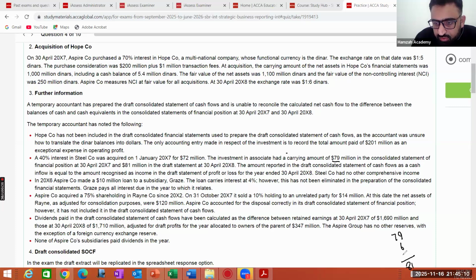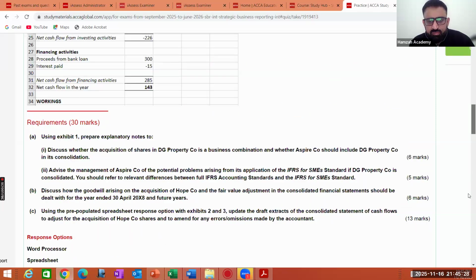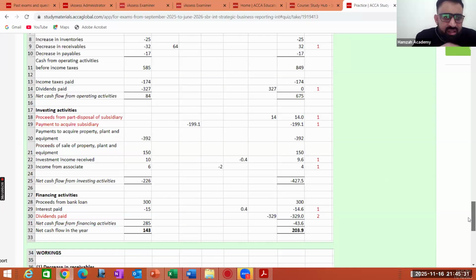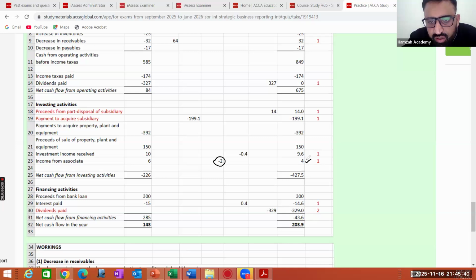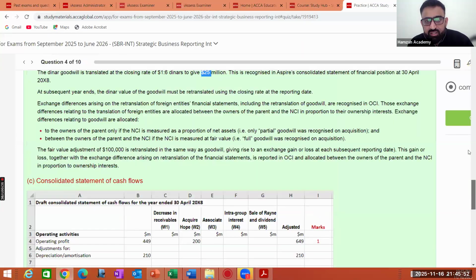So 85, okay, 4. The dividend is 4. 79 plus 6, the closing value should be 85, but it is 81. So 4 dividend has been received. So this 4 should be shown under the investment category. But what they have shown? They have shown the income of 6. So 2 will be eliminated and here you have the 4 dividend received. So this investment in associate is also adjusted, rectified here. Dividend received is shown under the investment activity.